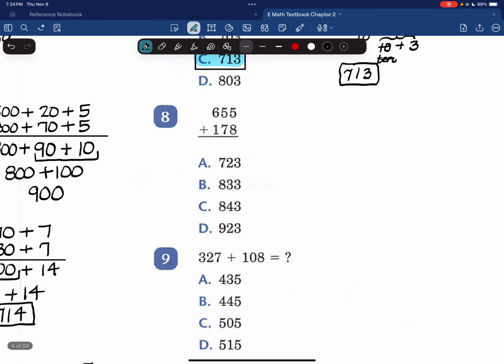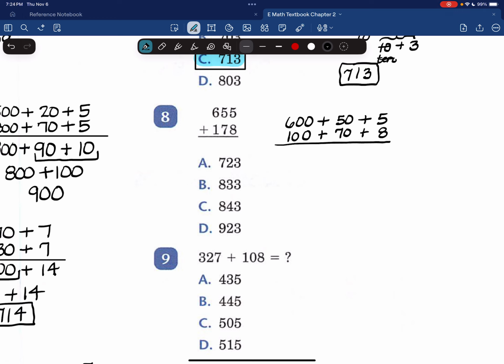All right, this one I have 600, 5 tens, and 5 ones. Then 100, 7 tens, and 8 ones.